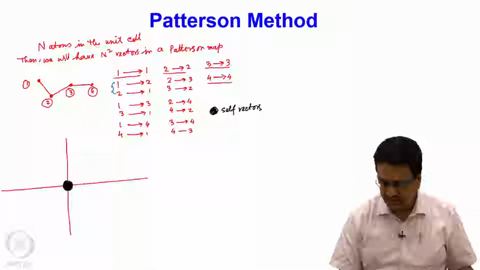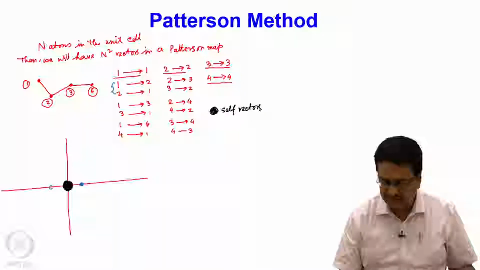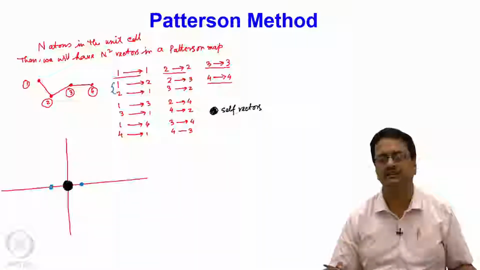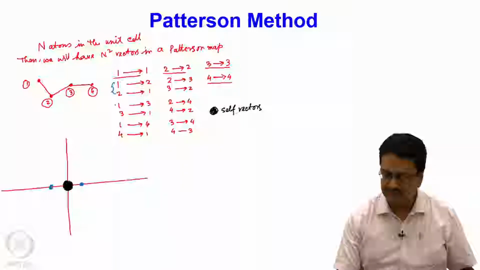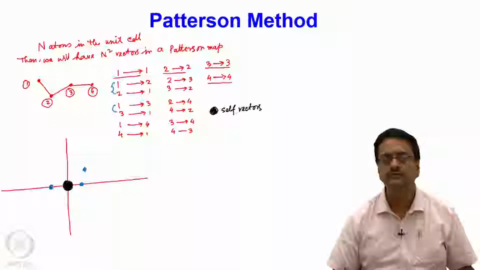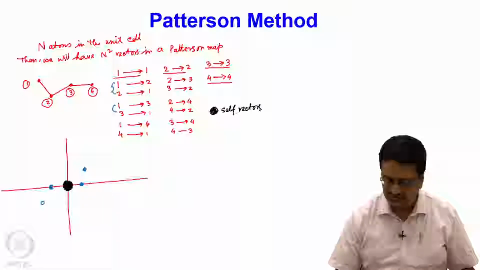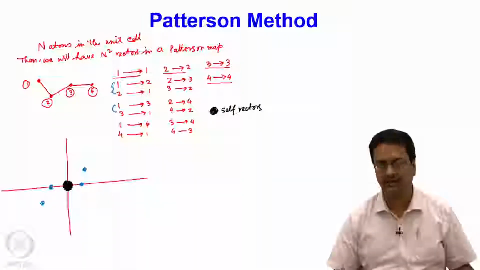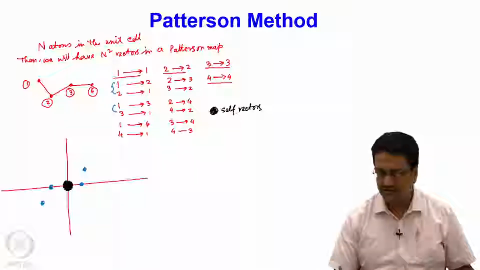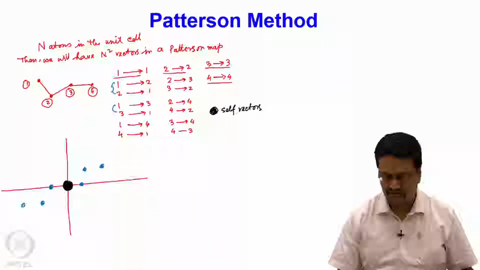So, if the 1 to 2 vector appears here, the opposite vector of 1 to 2 will appear on the other side of the origin because it is just opposite in sign. Similarly, if the vector 1 to 3 appears somewhere there, then its centrosymmetric opposite will come here, that is 3 to 1. In the same manner, if 1 to 4 appears somewhere here, the corresponding 4 to 1 should appear at that point.